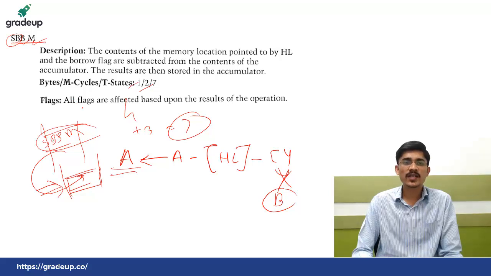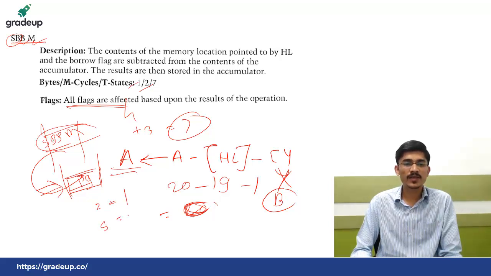As I have said, it is an arithmetic operation, so all the flags are affected depending upon the result of the operation. Suppose in the accumulator it was previously 20, the memory location pointed has 19, and the carry flag was 1, so the result will be 0. So the zero flag will be 1, the sign flag will be 0 as it is a positive number, and the parity flag will be 1 because it has an even number of ones.